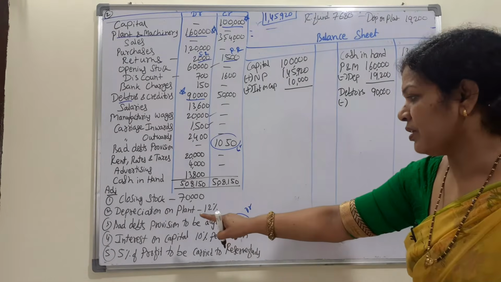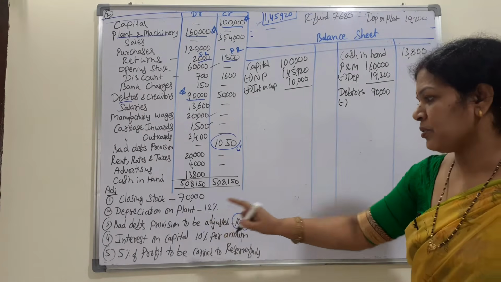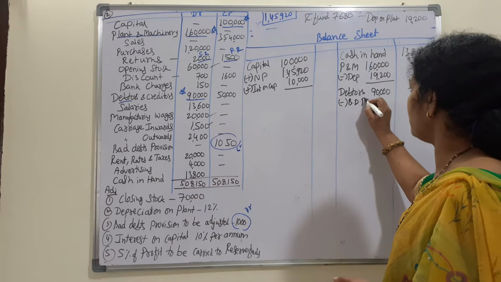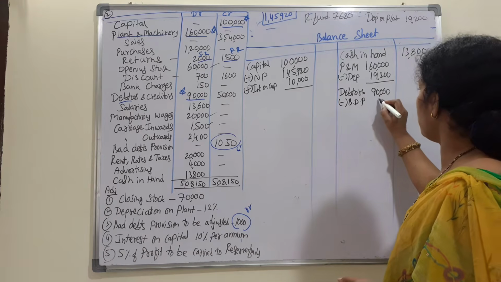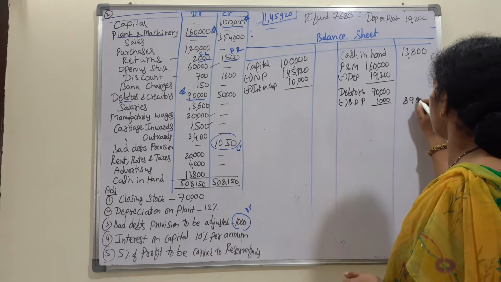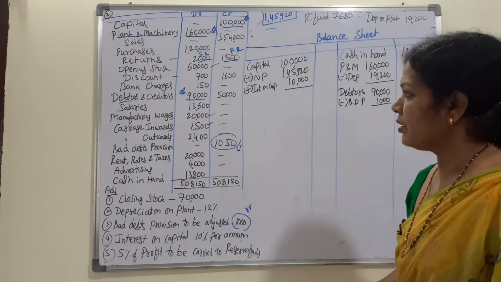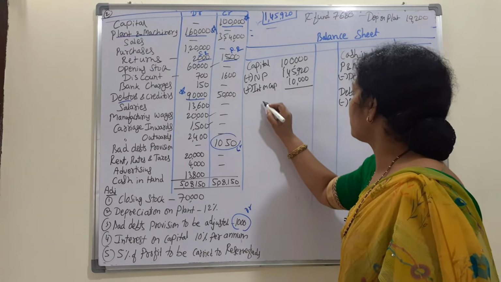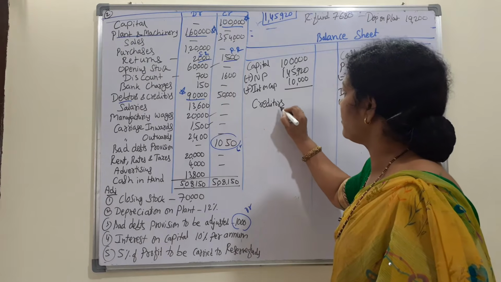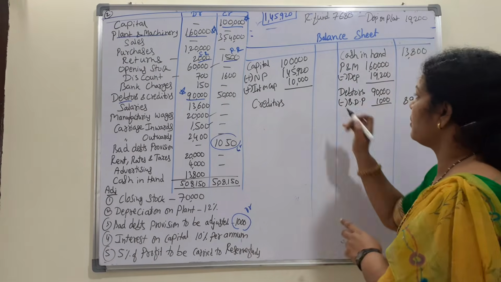Minus bad debts provision, BDP. How much? 1,000 rupees. 89,000. Debtors are over. Now creditors, it will be on the credit side. Creditors 50,000.